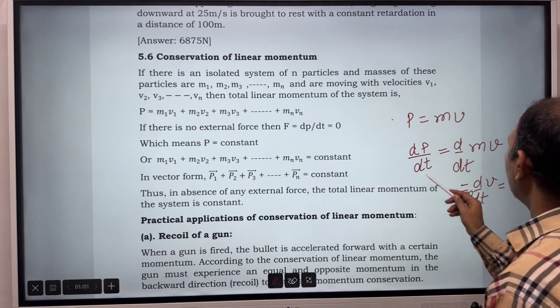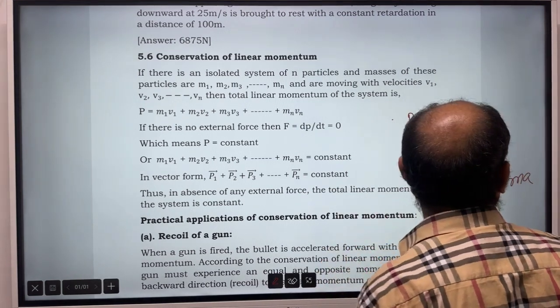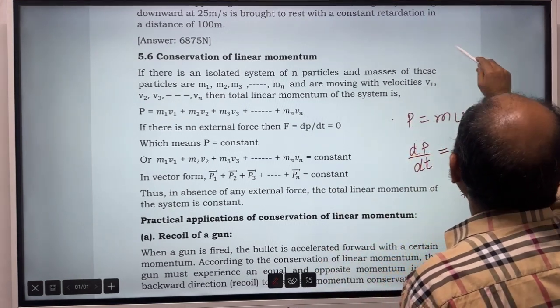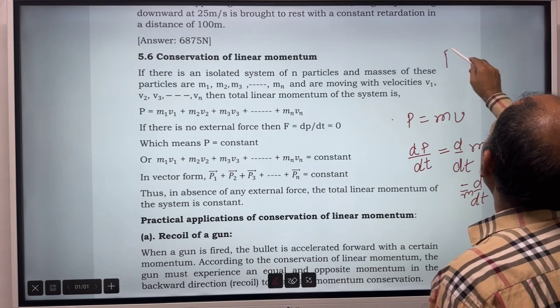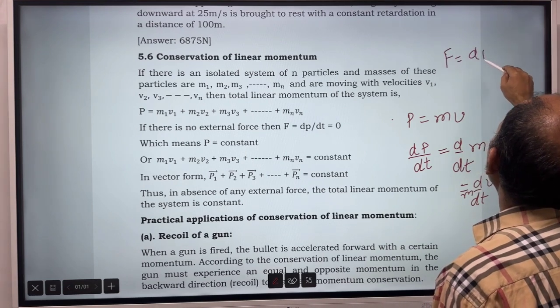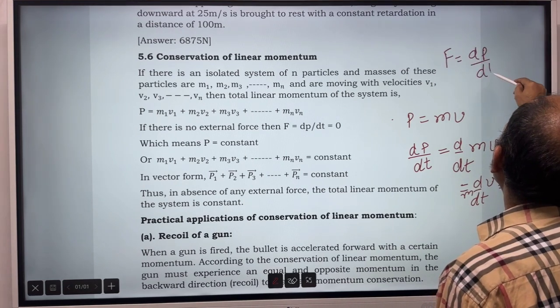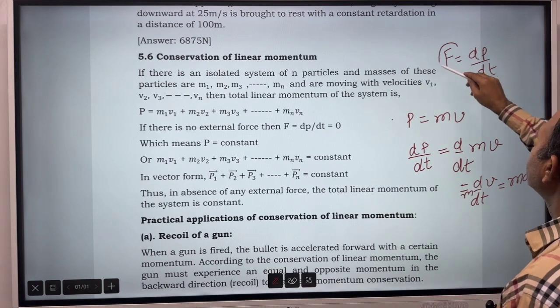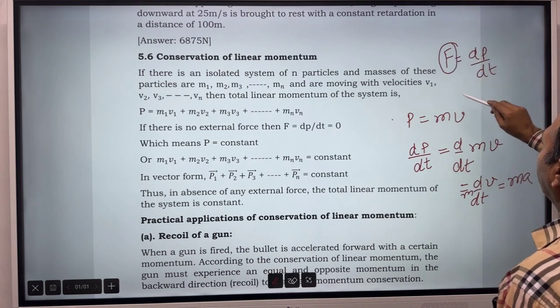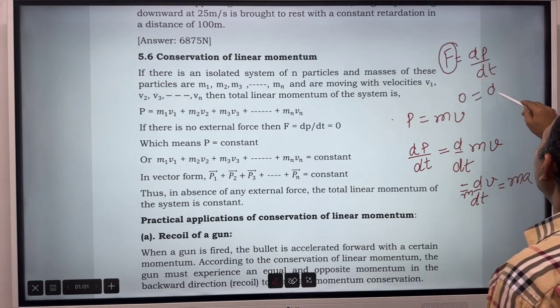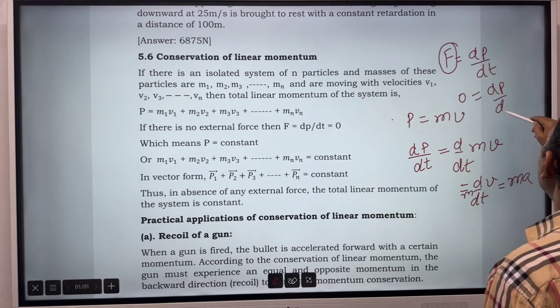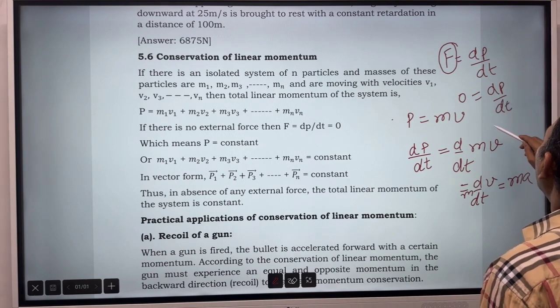So you get force, dp upon dt equal to ma. So here we write F equal to dp upon dt. Now suppose F is absent, there is no force, so this will be 0. So we get dp upon dt equal to 0, or p equal to constant.